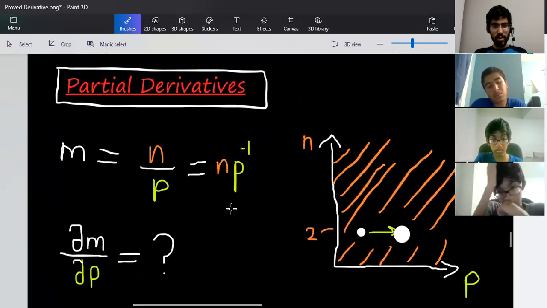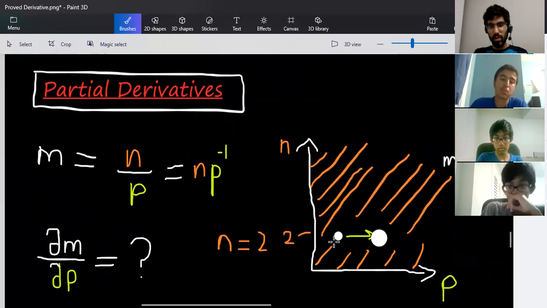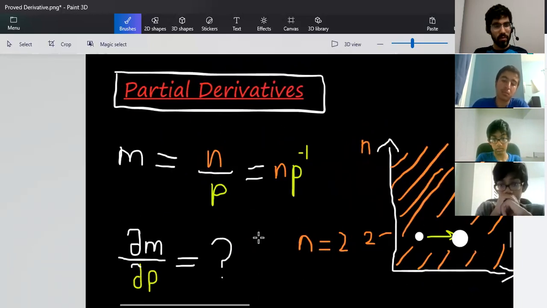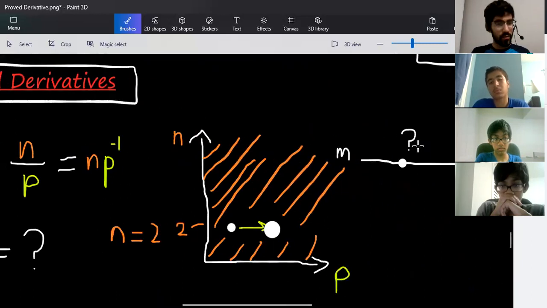Yeah? So let's say we're setting n is equal to 2. Is that making sense? The reason we're doing that is so we can isolate for the effects of p. We're saying, okay, set aside the height for now. I just want to look at the weight and figure out how much does the change in the weight affect m.